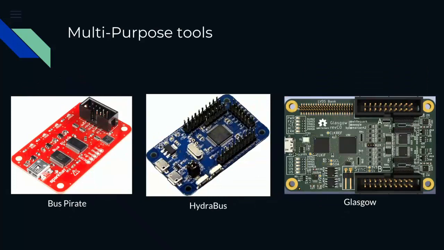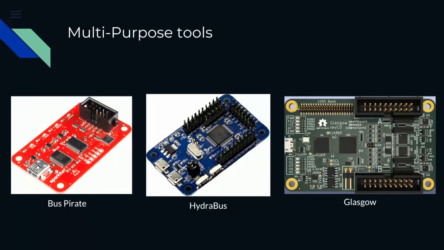Other multipurpose components like the Bus Pirate, I think most of the people that come from InfoSec start using this tool as their first tool in hardware hacking, just because it's cheap and can do a lot, but its limitations can appear very fast as well, because you cannot dump a firmware, for instance, with that due to the speed of that device.